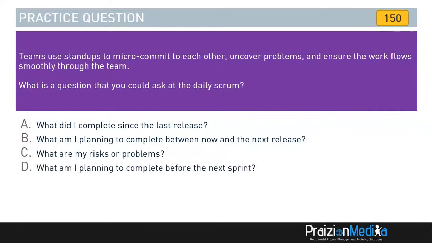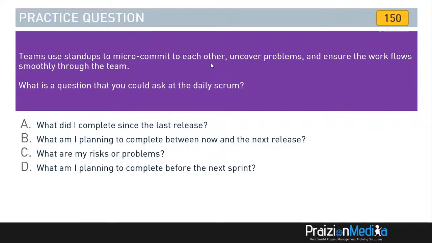Or D, what am I planning to complete before the next sprint? I'll give you some time to think about it. All right, let's take a look at the answer.